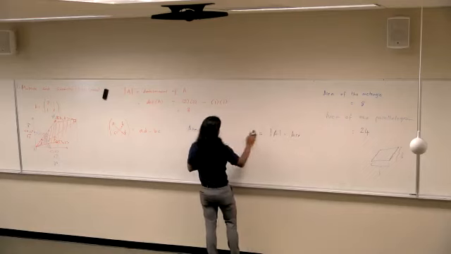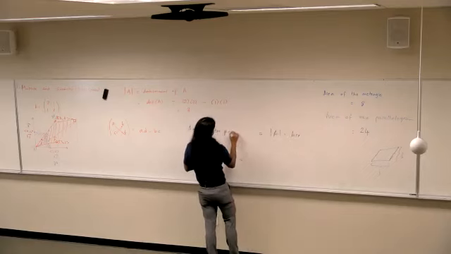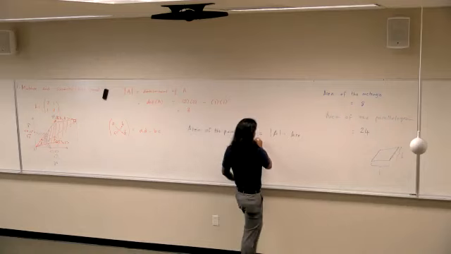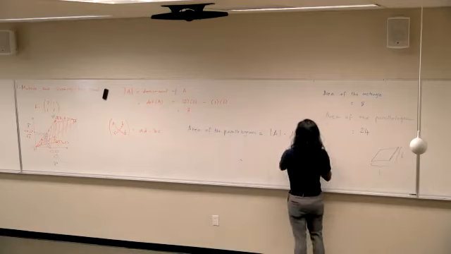Sorry, I wrote it backwards. Don't want to confuse you. Area of the parallelogram is simply that multiplied by the area of the rectangle.